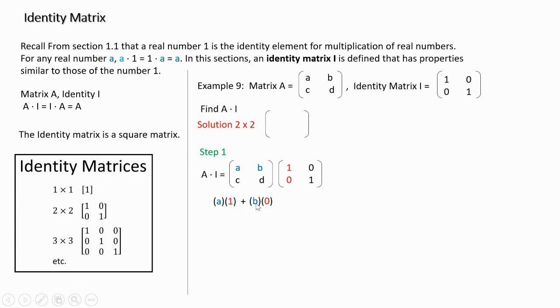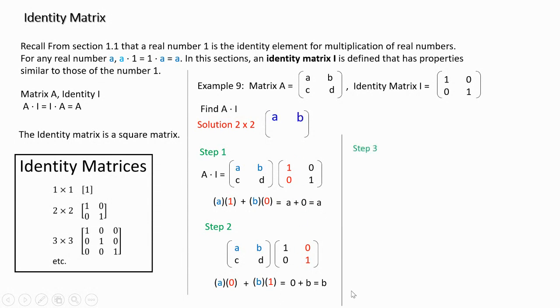A times 1 is A, B times 0 is 0, so the answer will be A. That's my first entry. Step 2. I'm going to multiply the first row times the second column now. So A times 0 plus B times 1. The answer will be 0 plus B. The answer is B.